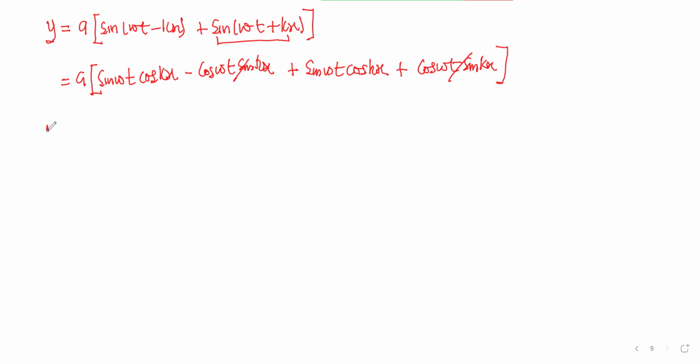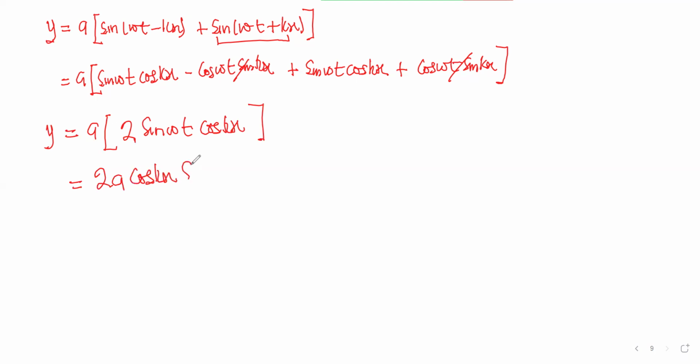So we have y is equal to a into brackets, this is 2 sine omega t cos kx, which is 2a cos kx sine omega t.